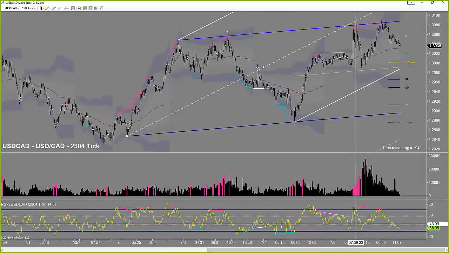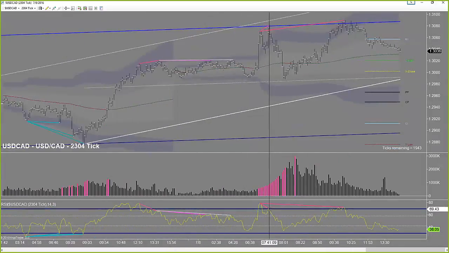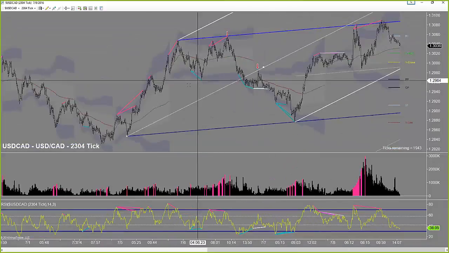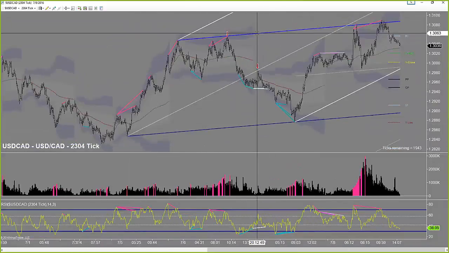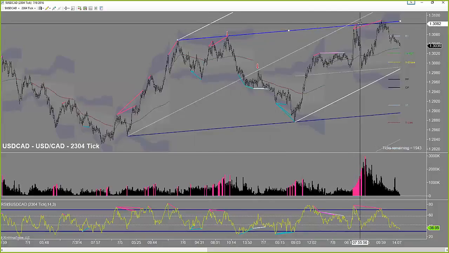And again, we have a small case of bearish divergence here on that swing high. That's using another set of swings to identify another channel line that we're looking to trade off of.